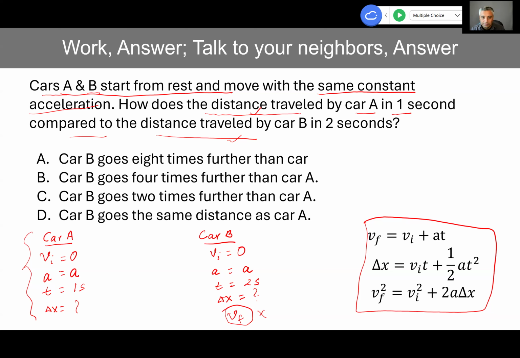So now, once you have listed, look for these 5 things for each problem. Look for these 5 things and write them down just like I have done here. And then after that, that helps you to choose the equation.